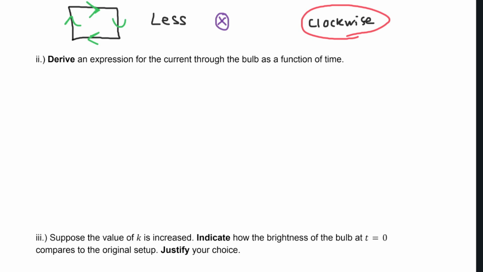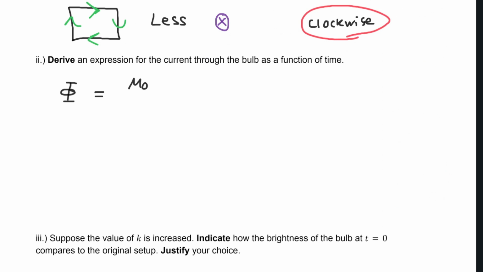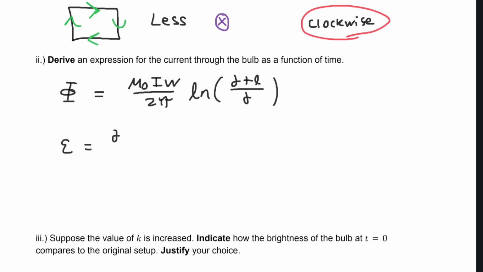Now we need an expression for the current as a function of time. So luckily we found what flux was. Flux was this absolutely nasty expression of mu naught I W over 2 pi natural log of D plus L over D. Luckily, the current as a function of time isn't too bad from this, because if we look, there's only one thing that's changing, and it's I. So the EMF would be the flux change.